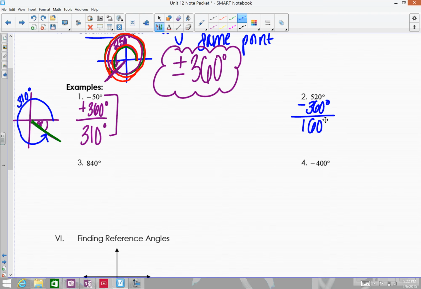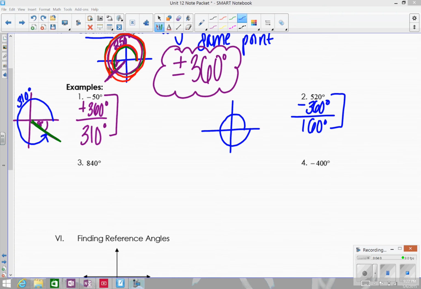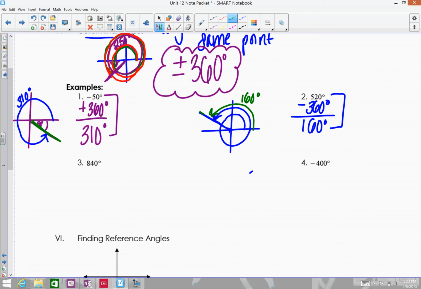So we end up with 160. 520 and 160 are coterminal because if you think about 520, you have 360 degrees, so you go completely around, and then you go all the way until you get to 160, which would end up being somewhere over here. So 360, and then the leftover is 160. Or you could have just gone 160 degrees from the beginning.